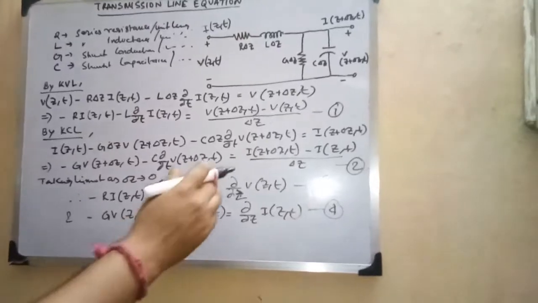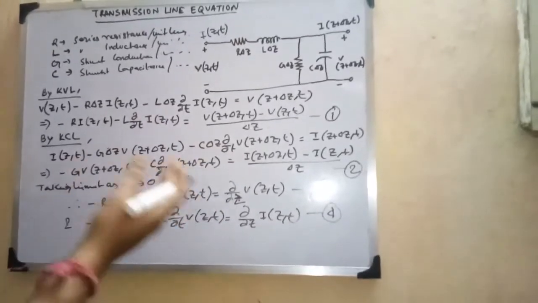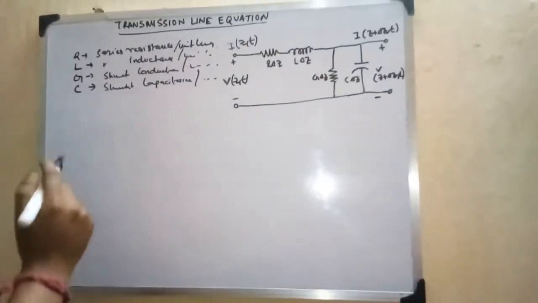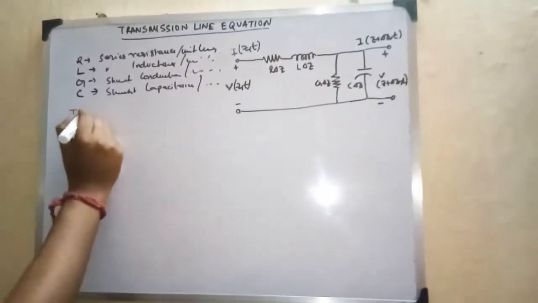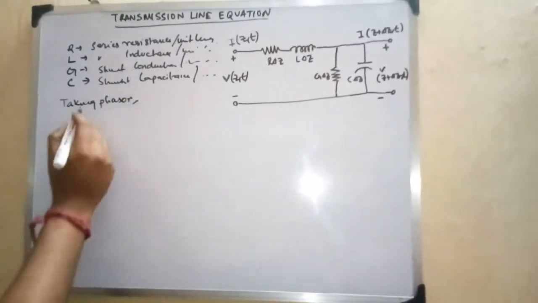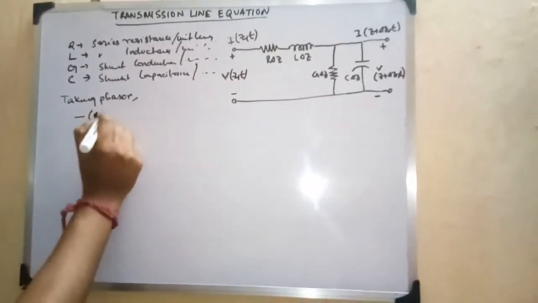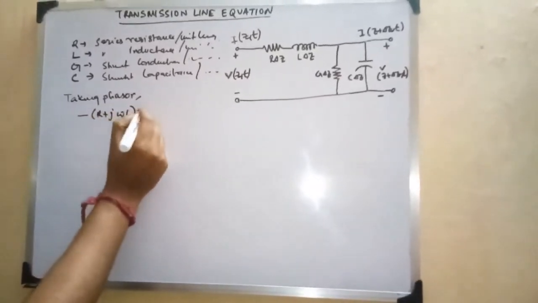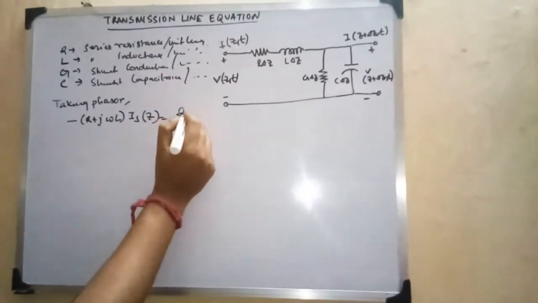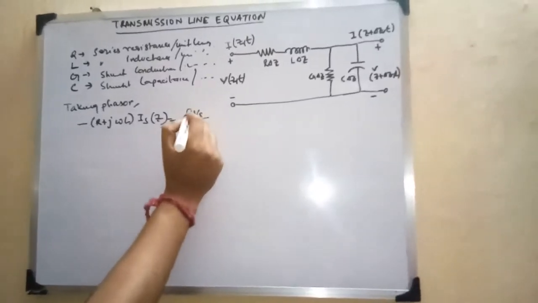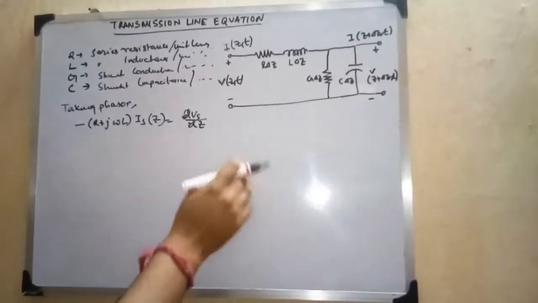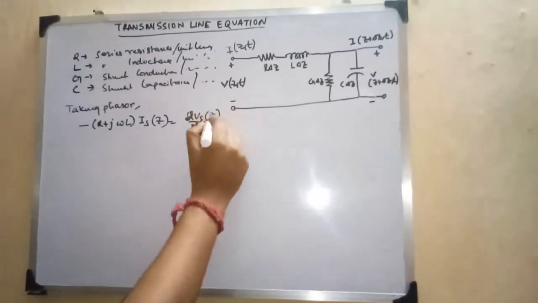Now in the next step we will consider the phasors only, and let us see what happens. Taking the phasors, it will be minus (R plus j omega L) I_s(z) equals dV_s/dz, of the function of z, right?